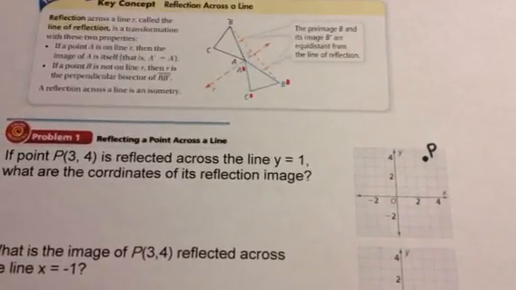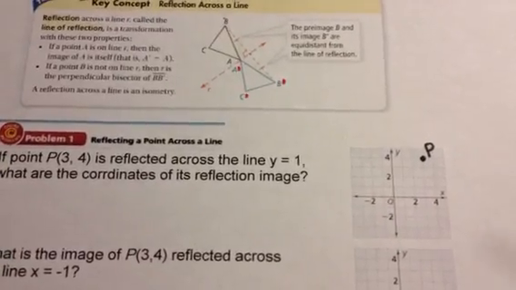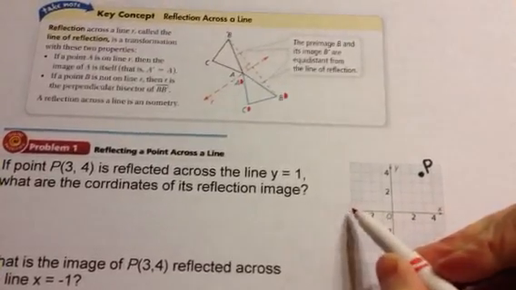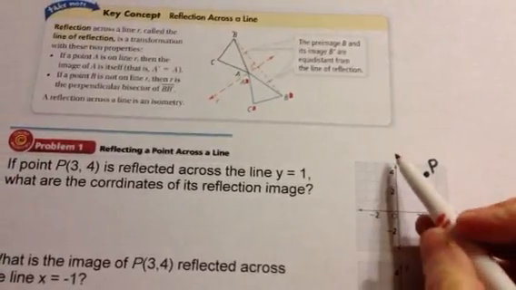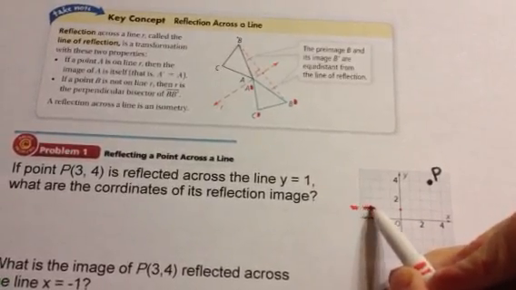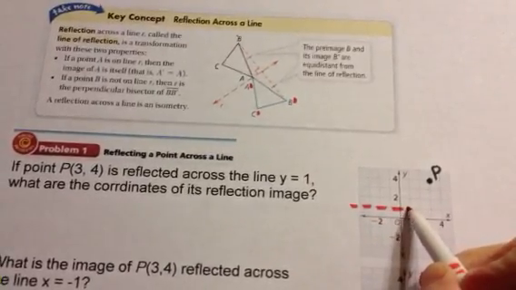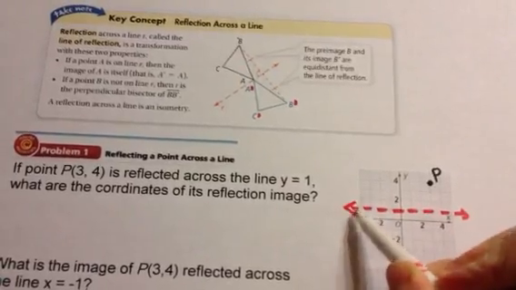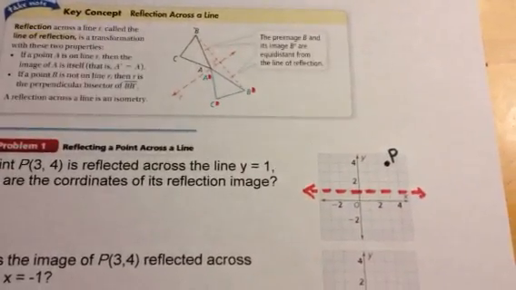Then it says it's reflected across the line y equals 1. Y equals 1. Well, this is the x-axis. Here's my y-axis. Y equals 1 is right here. So everywhere along this line, it crosses through everywhere on this line, y equals 1.